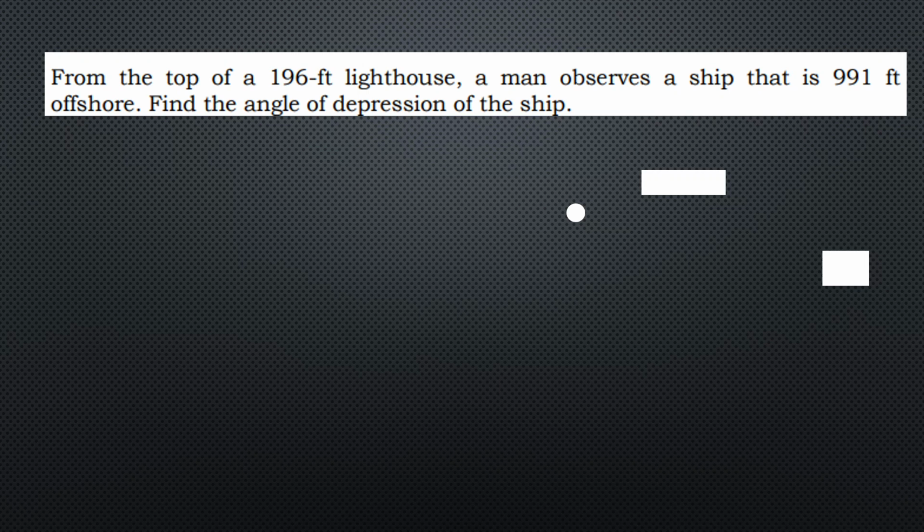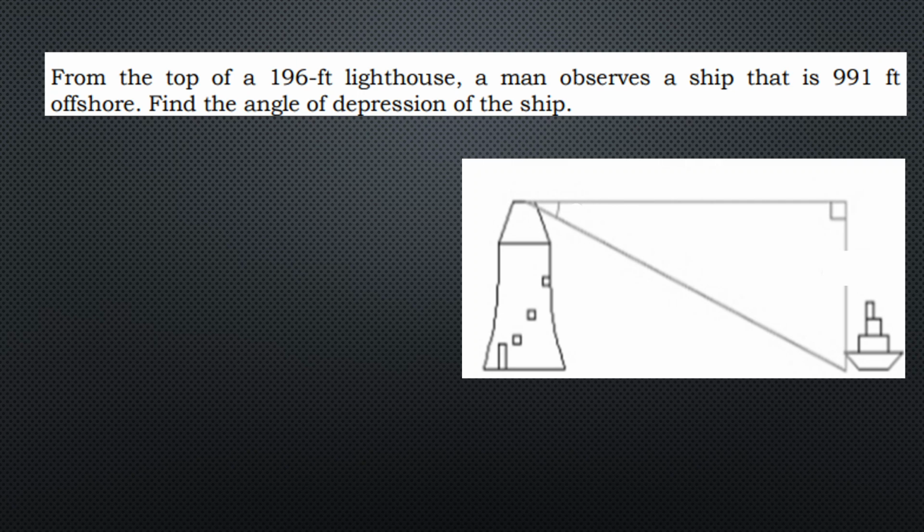You have the height of the lighthouse, and then the distance of the ship offshore to the lighthouse. So from the top of a 196 feet lighthouse, a man observes a ship that is 991 feet offshore. Find the angle of depression of the ship.